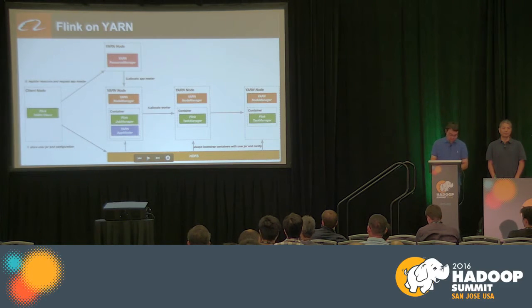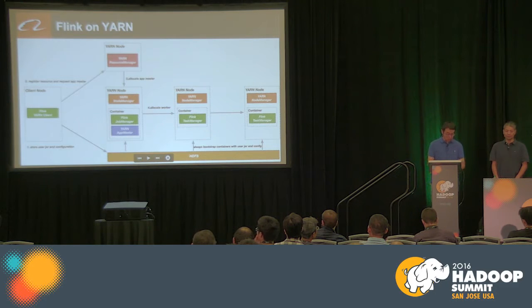But after the Flink cluster is launched by yarn, it cannot reallocate any resources anymore according to its workload. So the resource management of Flink is not dynamic. Different Flink jobs may run in the same Flink task manager container. So they are not really isolated on the yarn cluster.